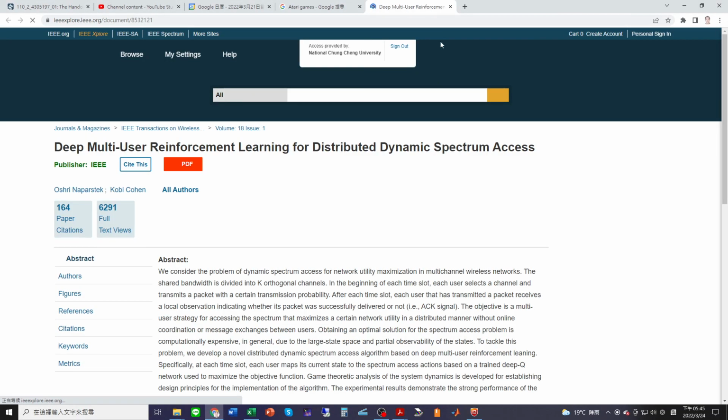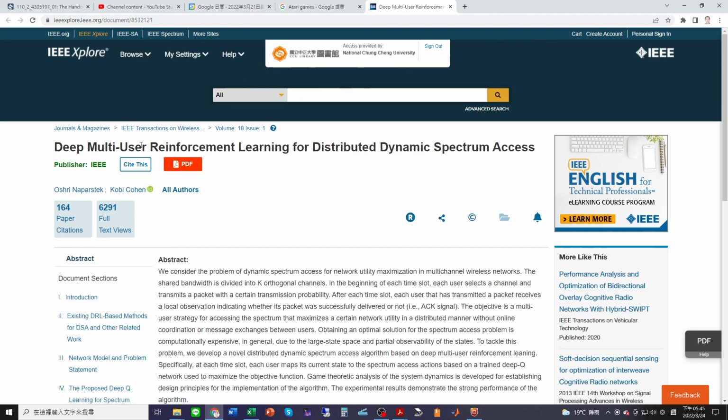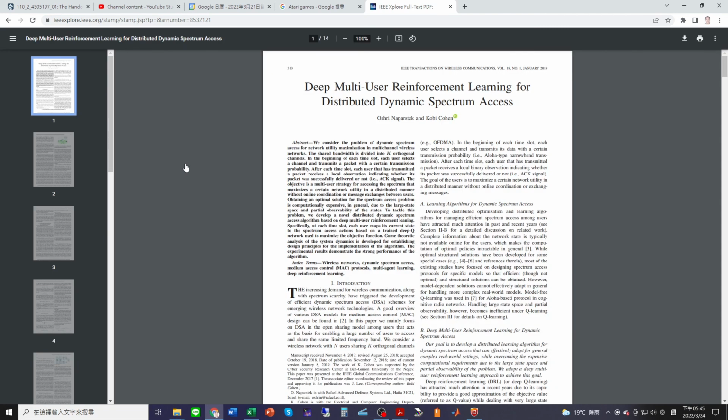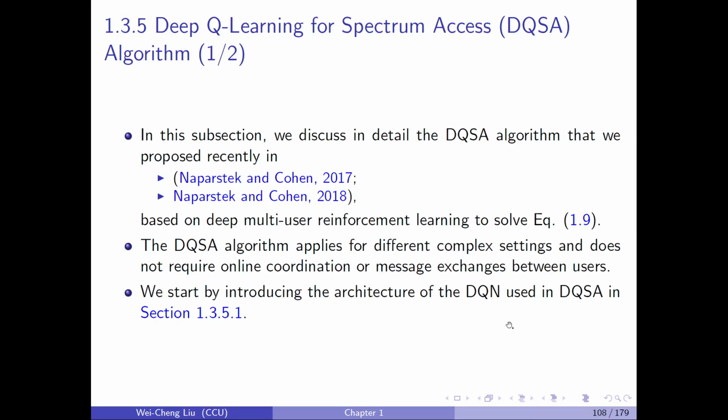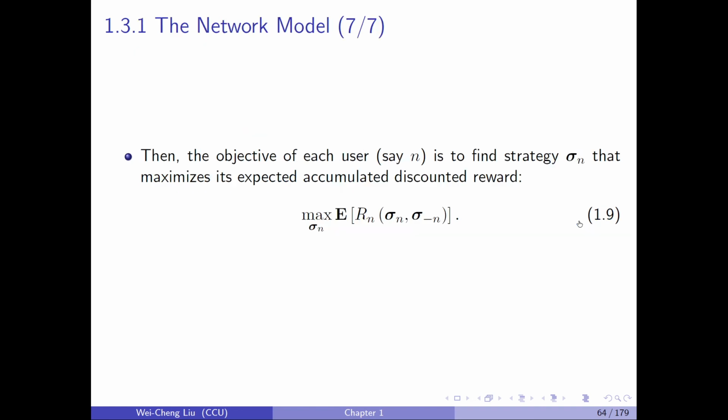You can click on it, and you can find the PDF of this paper here. Okay, like this. Okay, based on deep multi-user reinforcement learning to solve equation 1.9. Okay, let us see. Okay, this is equation 1.9. We have seen this in today's class earlier.